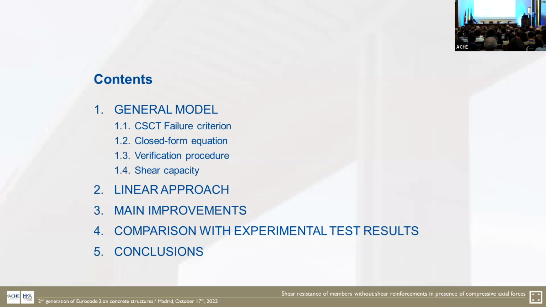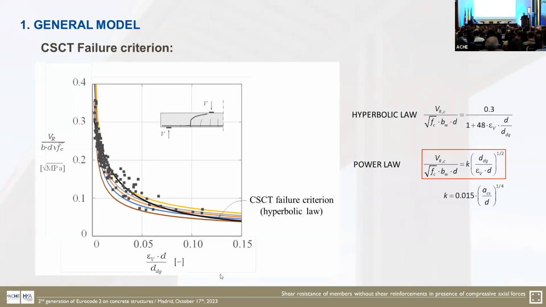On the other hand, we will highlight the main improvements of these two formulations, the general model and the linear approach, which provides better agreement with the experimental results than current EC2. And finally, we'll summarize the main conclusions.